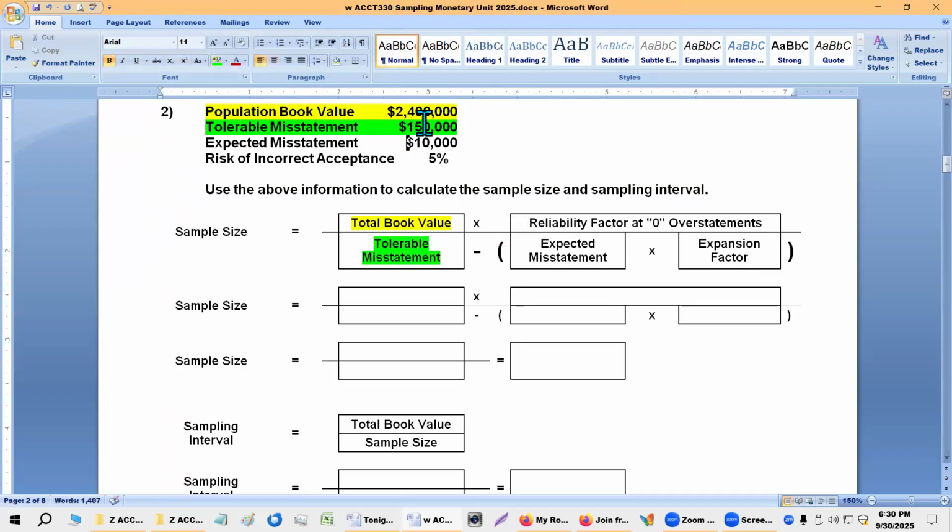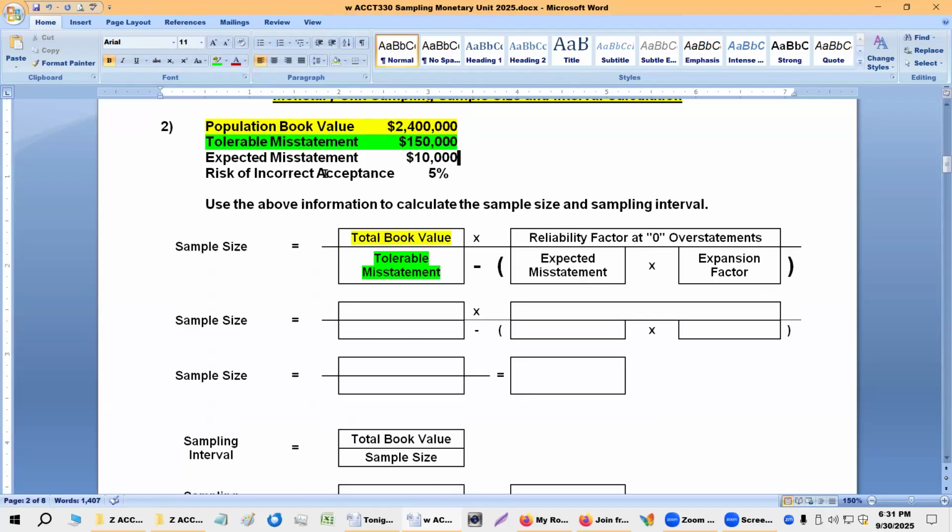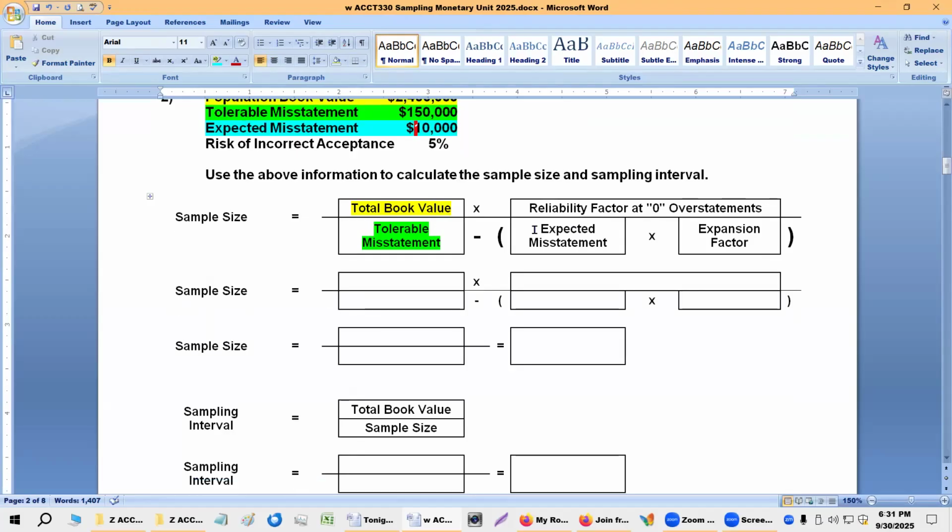So what you're saying is if it's off by less than 150,000, you're okay with it. If it's off by more, you're not okay. And expected misstatement. This is probably what we found last year. If we found out that it was off by 10 last year, maybe that will be what we put in there. But this is the expected misstatement, what we expect it to be off by.